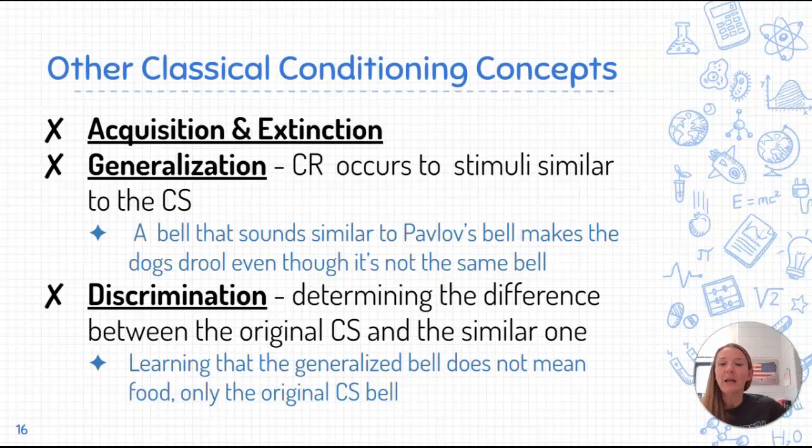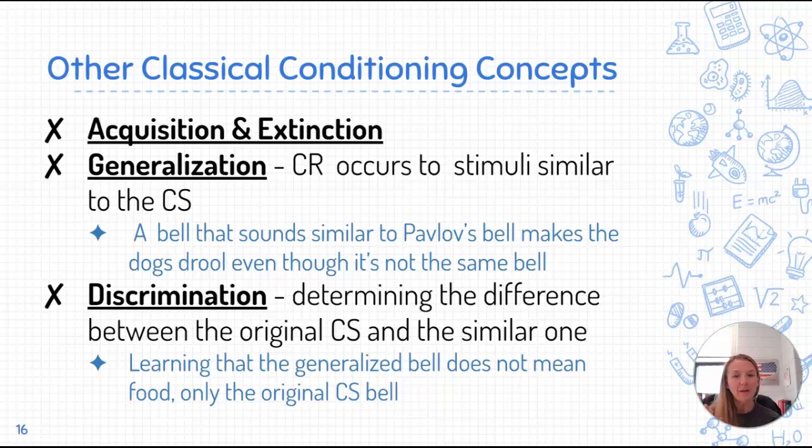Again, a couple of other terms. We've already covered acquisition and extinction. Acquisition is the initial learning. In classical conditioning, it is when the neutral stimulus becomes conditioned and elicits a response. Extinction is when that response goes away.